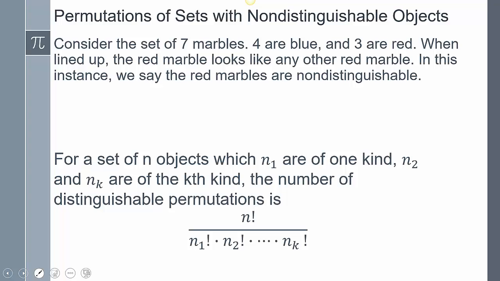So for a set of n objects, where n sub 1 are of one kind, n sub 2 are of another kind, and n sub k are of the kth kind, the number of distinguishable permutations is n factorial divided by n sub 1 factorial, n sub 2 factorial, all the way to n sub k factorial. This represents those 4 blue marbles and those 3 red marbles.